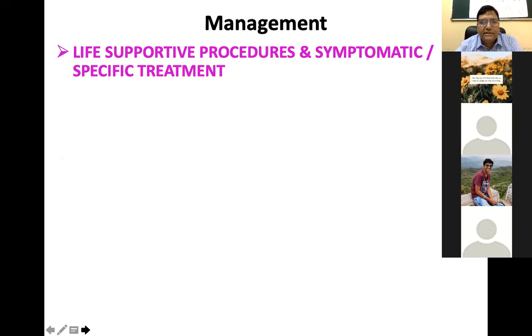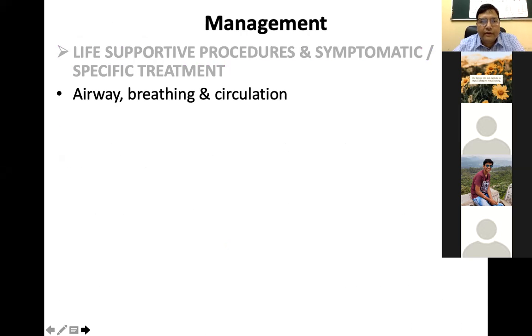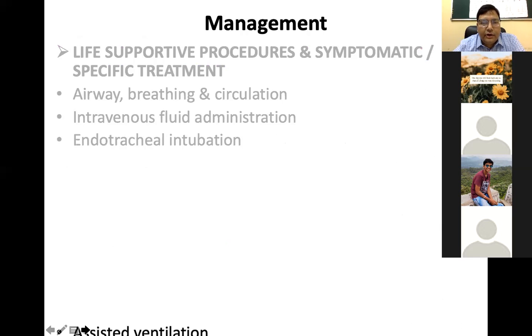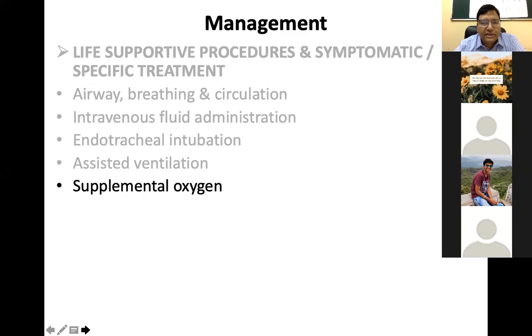How we are going to manage such a patient is by providing life supportive procedures and symptomatic or specific treatment. We correct airway, breathing, and circulation. We provide IV fluids, and then we do endotracheal intubation for assisted ventilation. Supplemental oxygen is also to be given to such a patient.